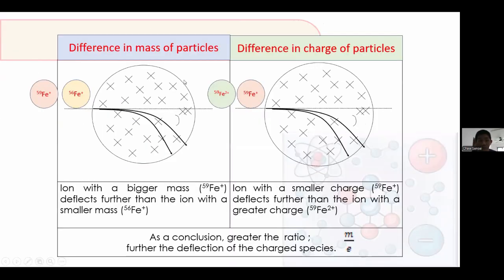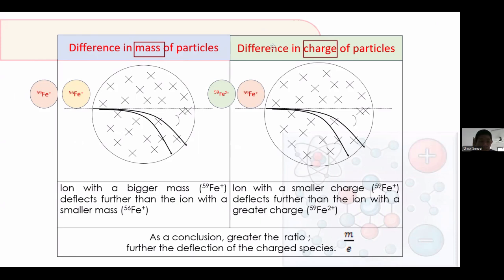The path of the deflections of the particles inside the deflection chamber is influenced by two factors, namely the mass of the particles and also the charge of the particles.